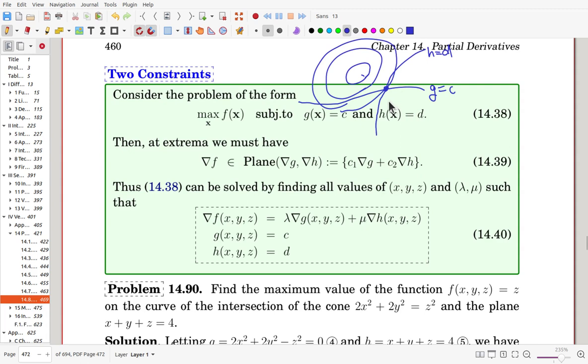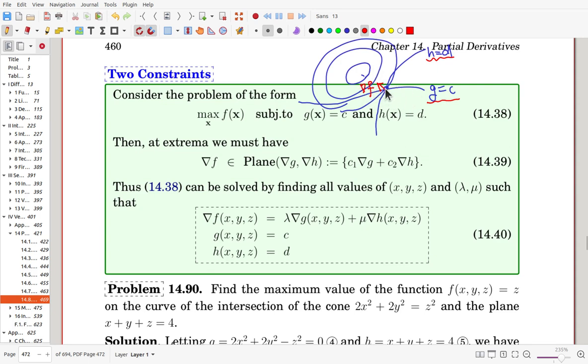Now, if you consider the gradient, then the gradient of f is normal to the contour. So that is the gradient direction, the increasing direction. Now, if you consider the gradient of h and the gradient of g, then neither of them is parallel to the gradient of f.